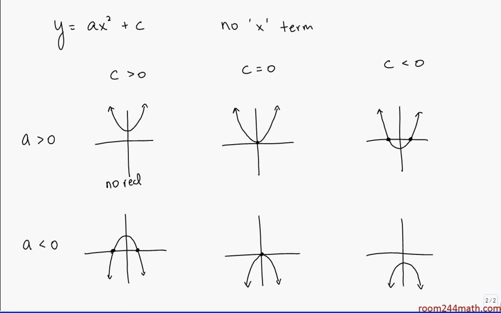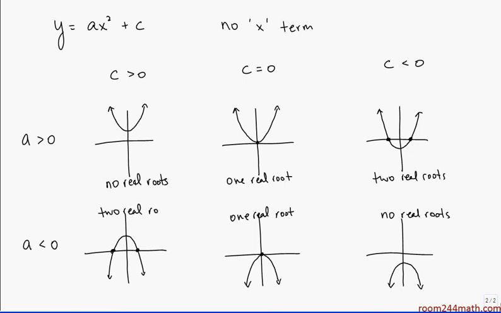And in 2 of them, we get no real roots. So no real roots in this first one, and no real roots in this last one. We get 1 real root in the 2 middle options. And we get 2 real roots in these 2 remaining options.